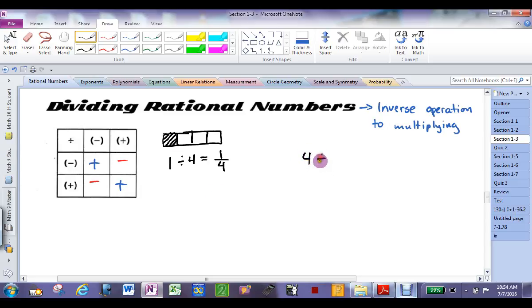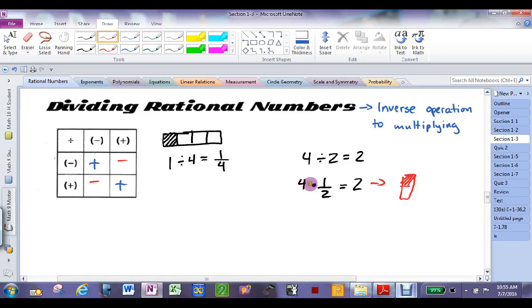4 divided by 2. What's the answer? 2. Easy peasy lemon squeezy, right? Yeah. Okay. 4 times 1/2. What's the answer? 2. Why? Because 1/2 is half of 1. Exactly. There's a half, yes? Yes.